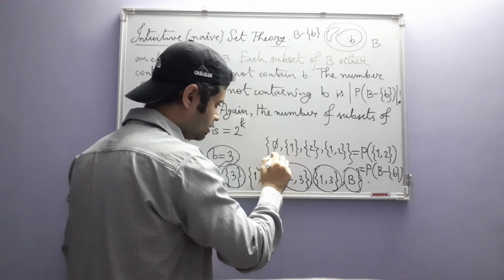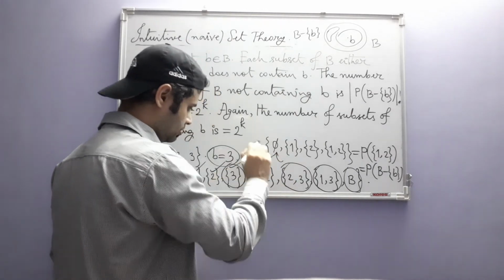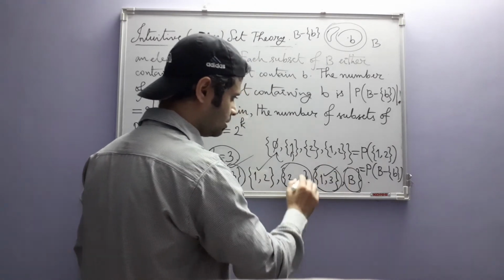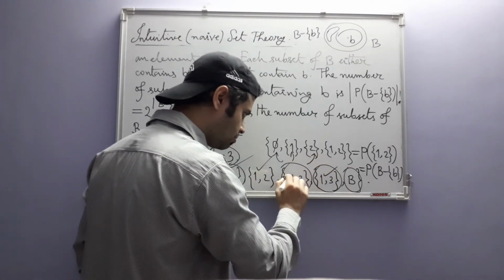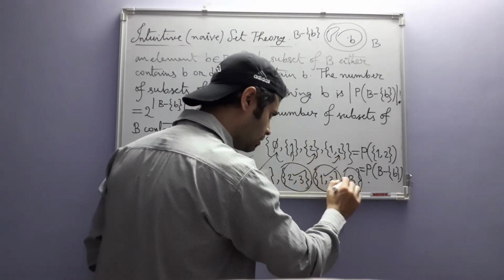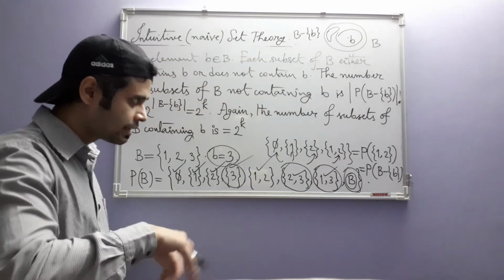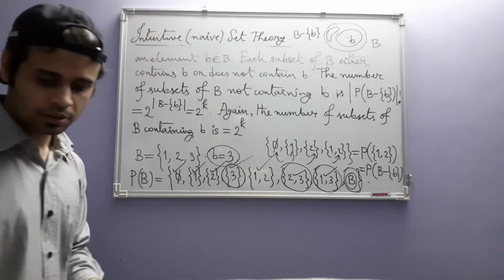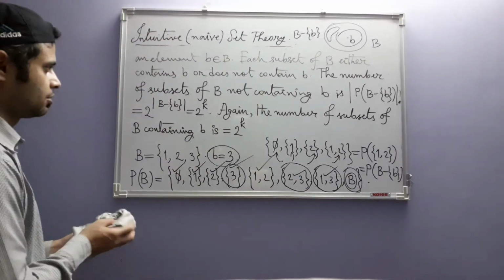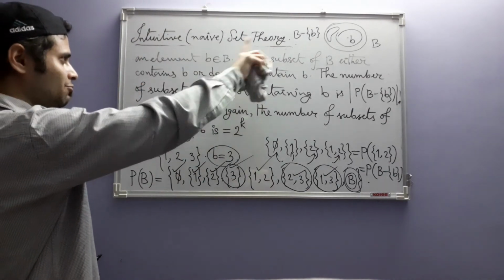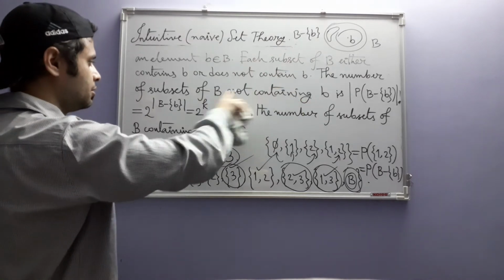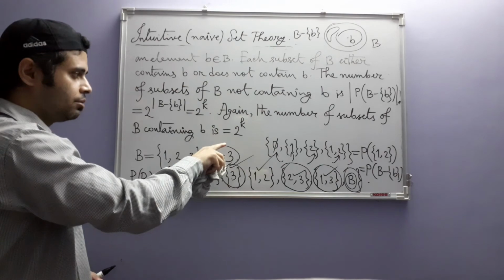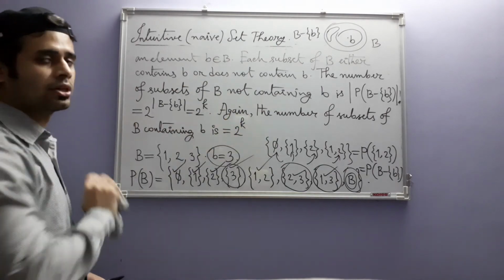You insert 3 here, you get this. You insert 3 here, you get 1, 3. Insert 3 here, you get 2, 3. Insert 3 here, you get B. So again another 2 to the power k subsets. Okay. That's why those subsets of B containing b are 2 to the power k in number, and those that do not contain b are also 2 to the power k in number.